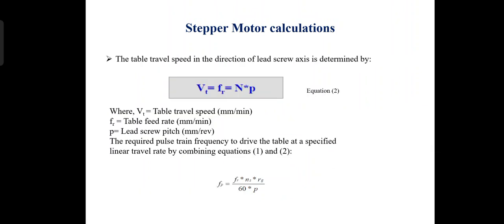The table travel speed in the direction of the lead screw axis, the table feed rate, is equal to the number of RPM times P, the pitch of the lead screw. This requires the pulse train frequency derived from the specified linear travel rate, by combining equations 1 and 2.